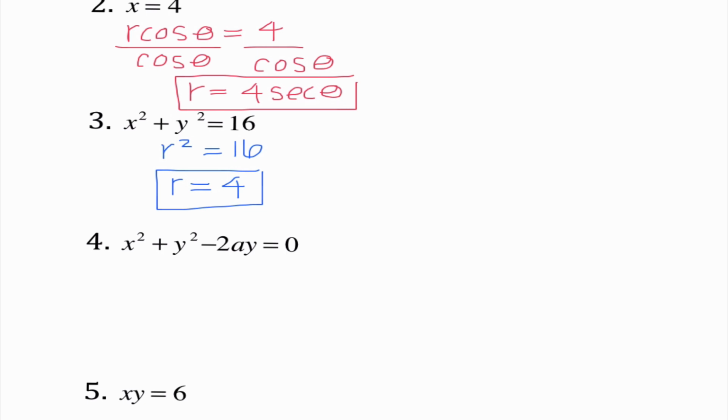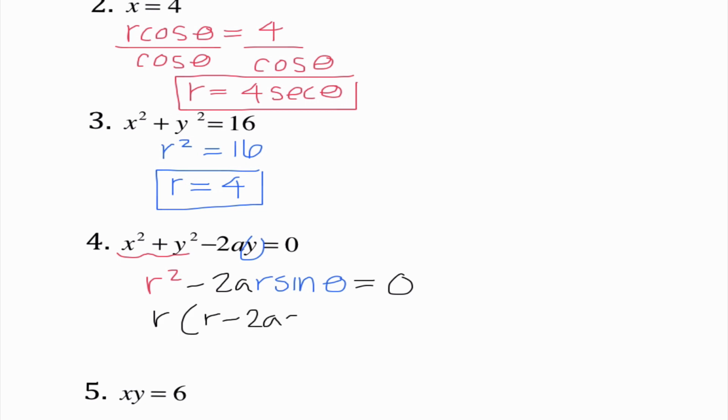Number 4, we have a few things. First of all, x squared plus y squared I know is r squared. Minus 2a, which is weird that we have a, but that's okay. I know that y is r sine theta. So if I look at this, I can really factor an r out, and I'm left with r minus 2a sine theta equals 0.